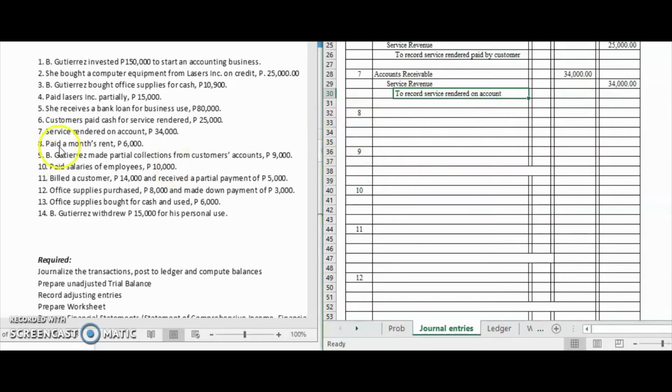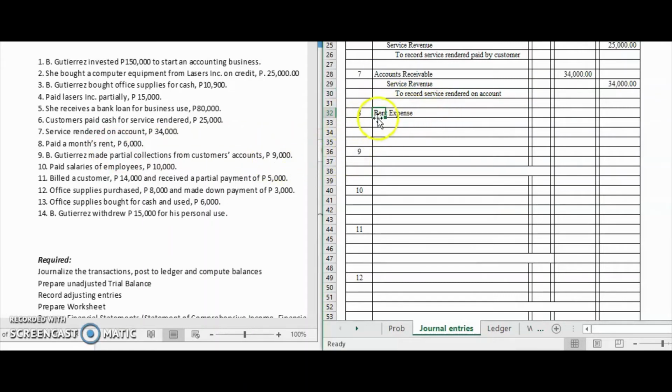On the 8th transaction, we have paid a month's rent, 6,000. So nagbayad ka, there is a decrease in your cash, and you paid the rent expense. Okay, we call it rent expense.